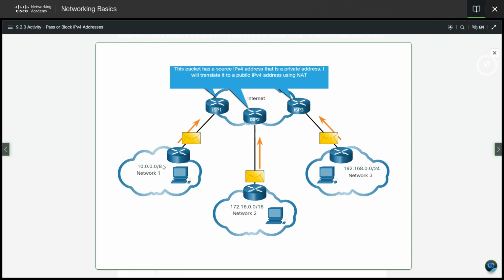Okay, this is the subnet mask, and subnet mask. Okay, this is a private network, and the router will have to translate the private IP to a global IP.